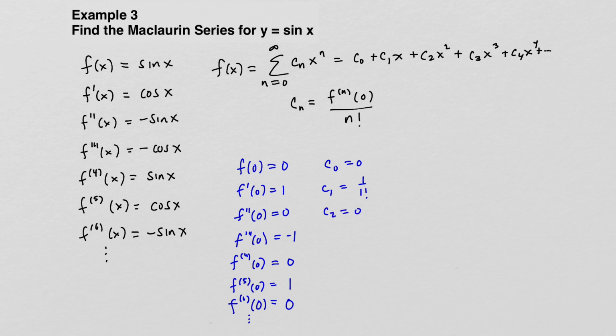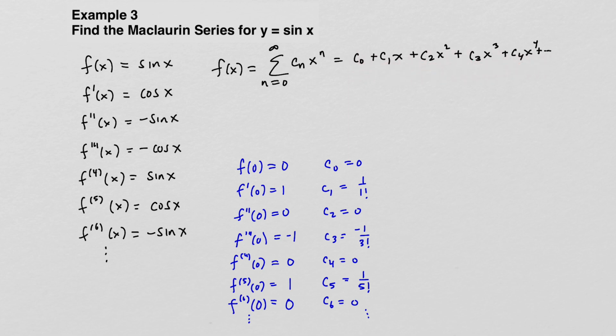C2 is going to be 0. C3 will be the third derivative evaluated at 0, which is negative 1, divided by 3 factorial. C4 is 0. C5 is going to be 1 divided by 5 factorial. C6 is 0, etc.